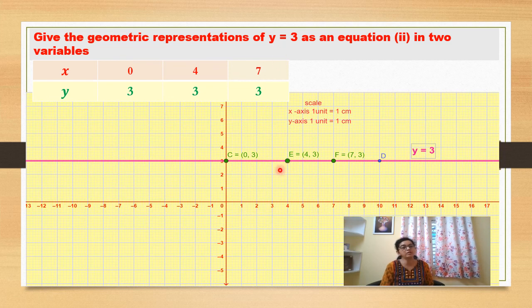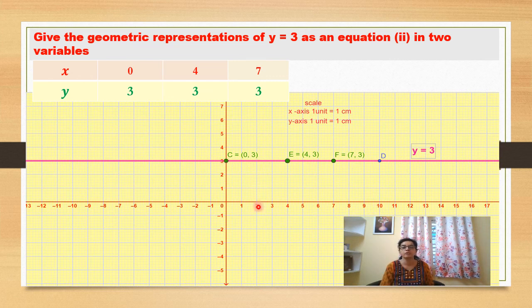Because y is equal to 3. Simple. So in each pair of coordinates here in the table, you can see that y is equal to 3. But the interesting part is that when y is equal to 3, it is parallel to the x-axis. So opposite thing, no? When y is 3, it shows on the Cartesian plane that it is parallel to the x-axis.